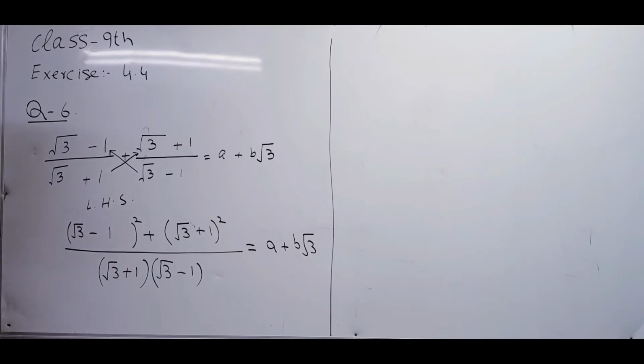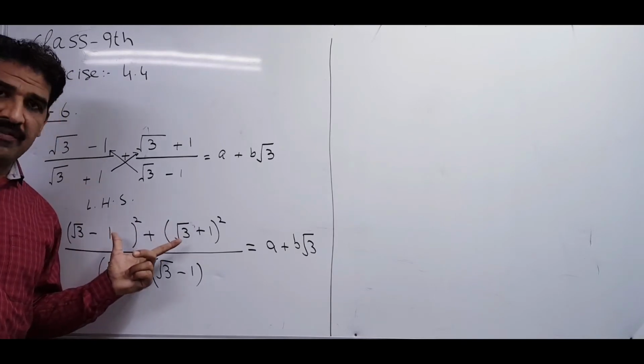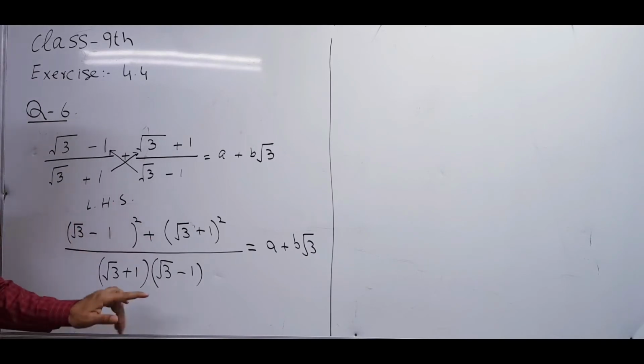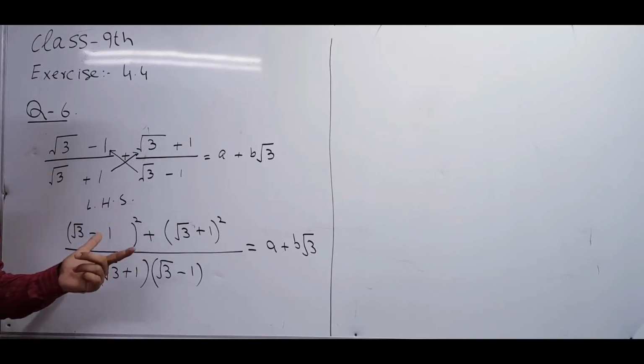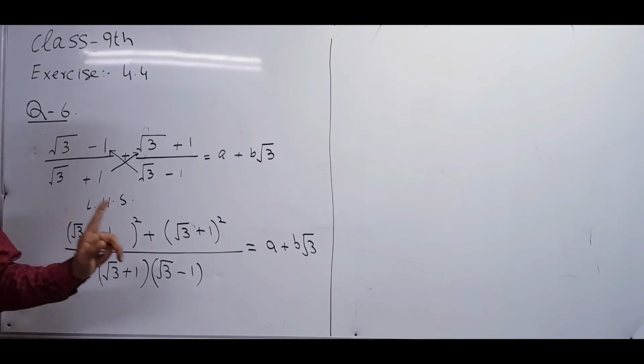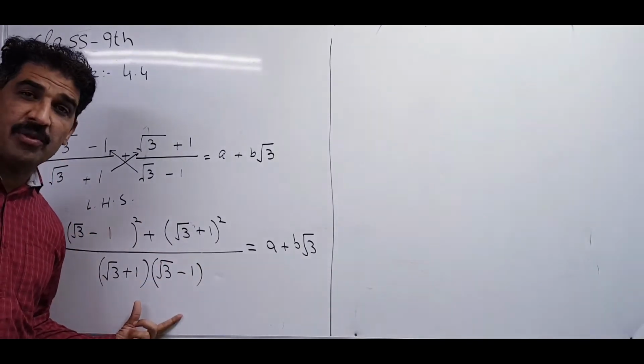Do you remember that one? If you want to use the formula, then you can use its result directly. Otherwise, if you do not remember the formula, then you have to expand both terms with respect to A minus B whole square and A plus B whole square. And in the denominator, which formula will we use?